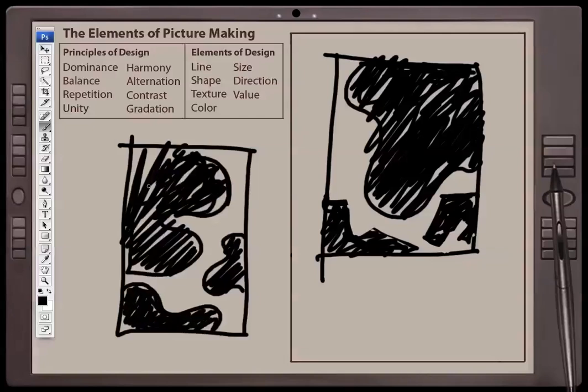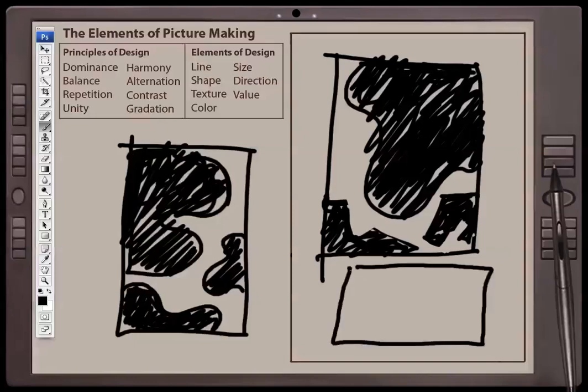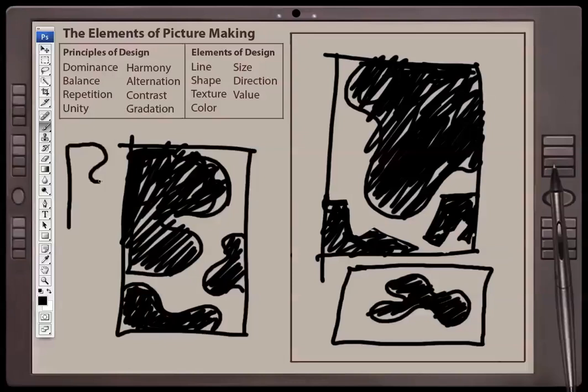By the way, these curving shapes that are touching the picture borders here are variations on a strict curving shape, which would be a shape like this, for example, that falls within the picture borders and is not cropped off at the picture borders. By cropping the shape off at the picture borders, I've created a variation of the curving shape that includes straight lines.